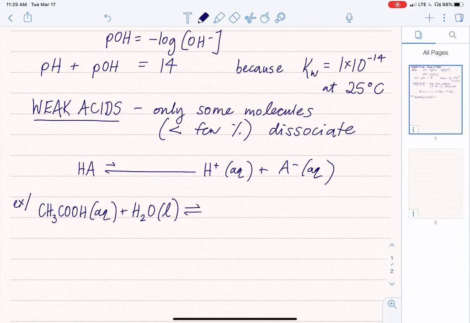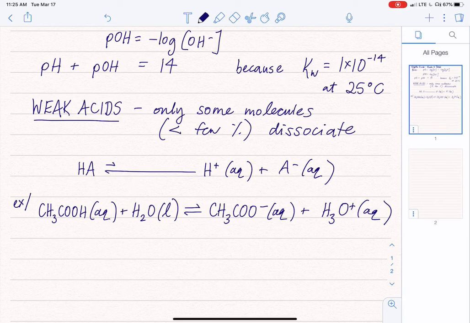And if we put acetic acid in water, it partially dissociates to give its conjugate base, the acetate ion, and hydronium. So here's a hydronium ion here. So this reaction happens when we put acetic acid in water.